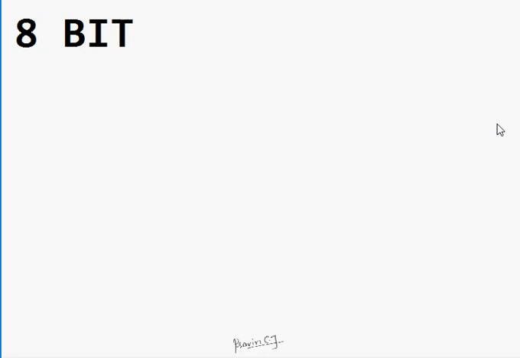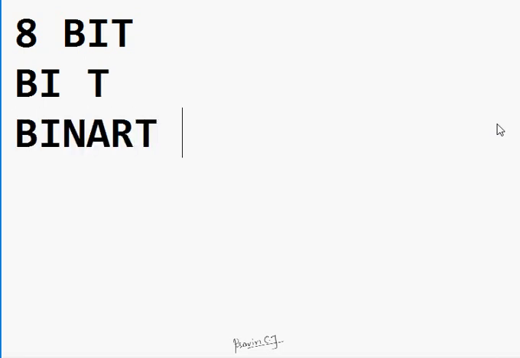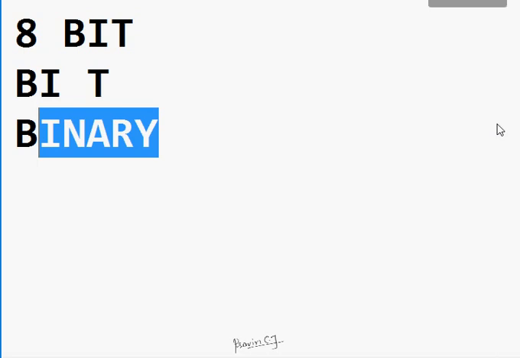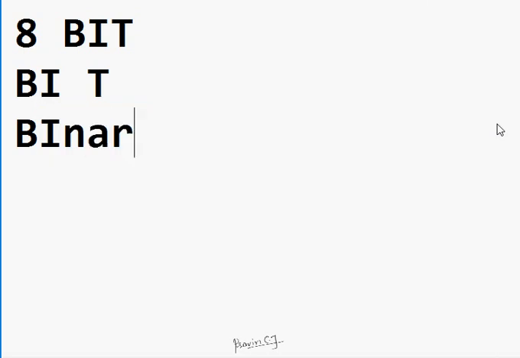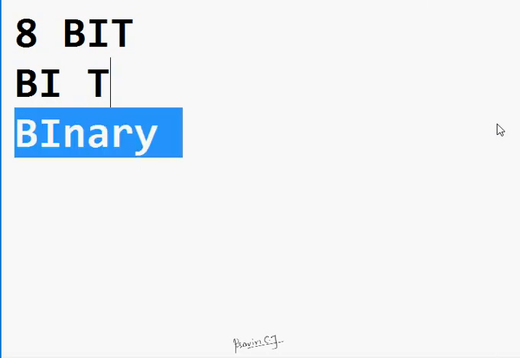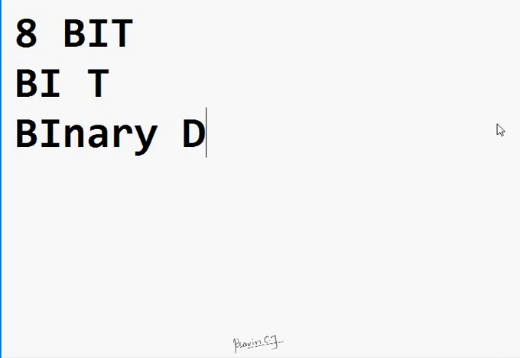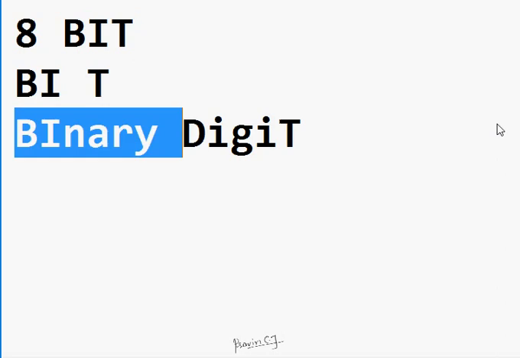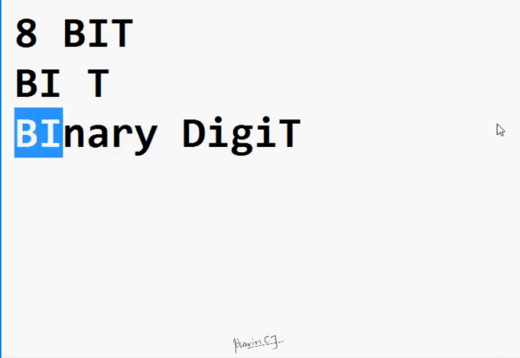Bit means binary digit. B means binary, and T comes from digit, so BIT becomes bit: the BI from binary and the last T from digit.